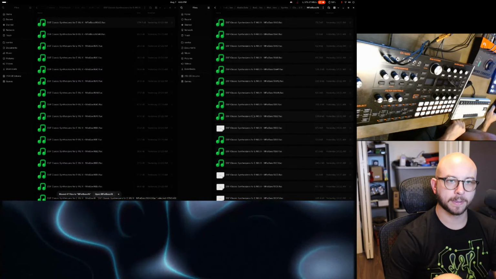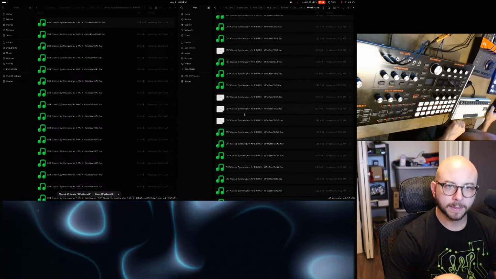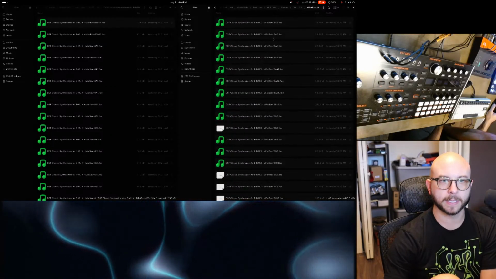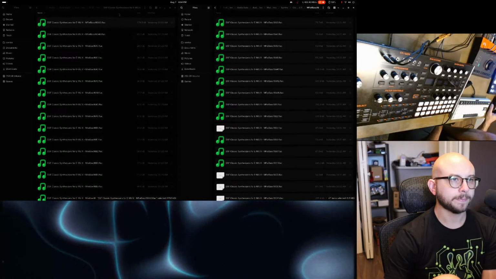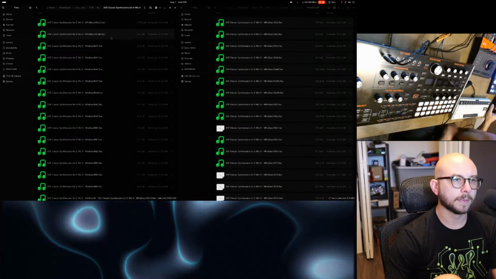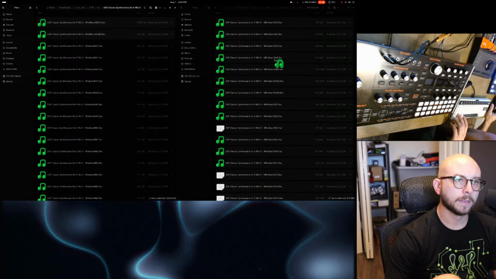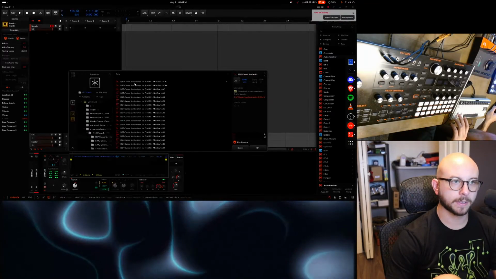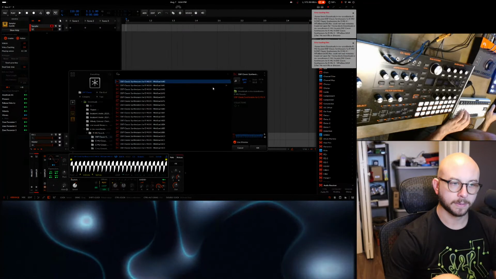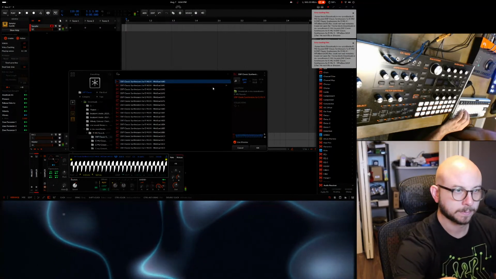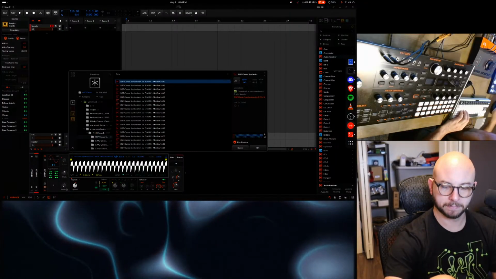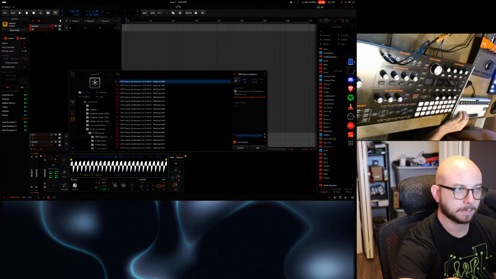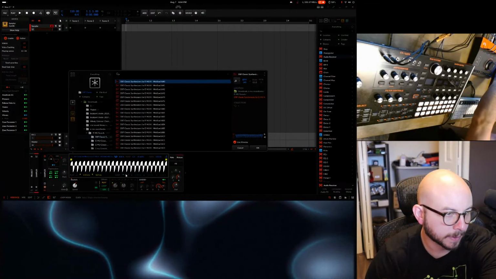Yeah, 47 fat basses. Are there duplicates? I don't think so. Oh, it's just full octave keys. Okay. So, all right. Mini saw. Let's take a look. Classic sawtooth. Oh, let's loop.